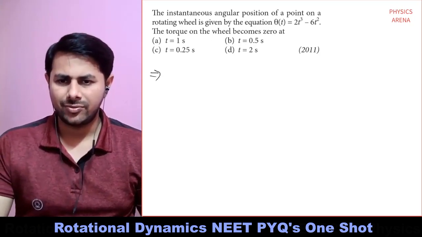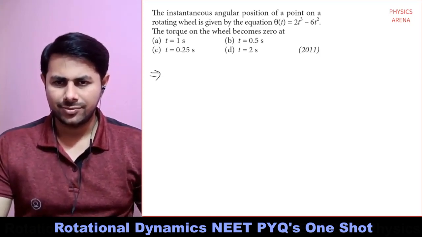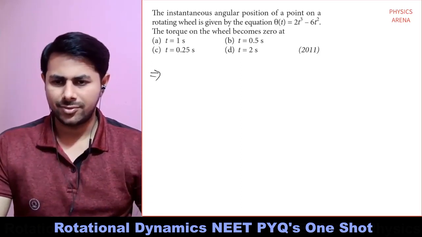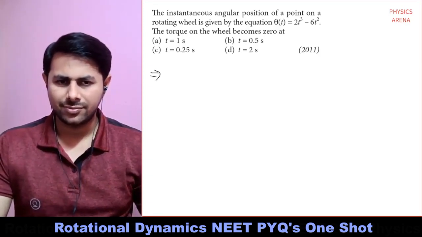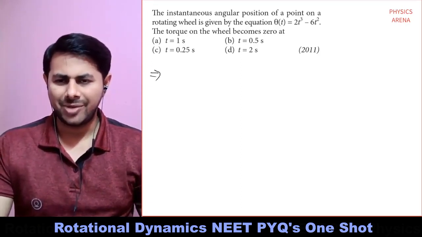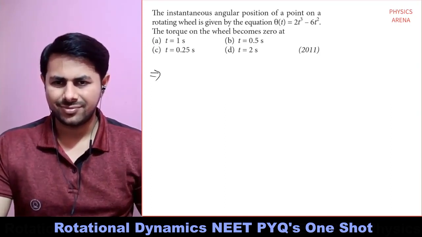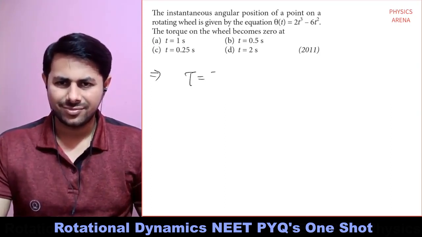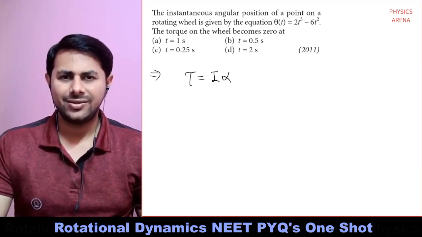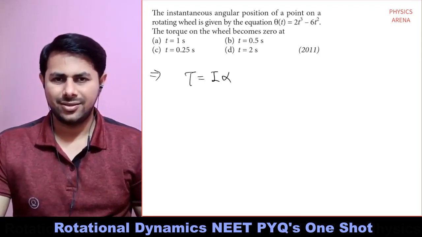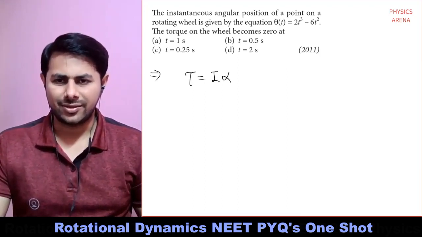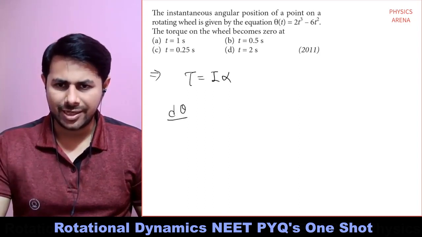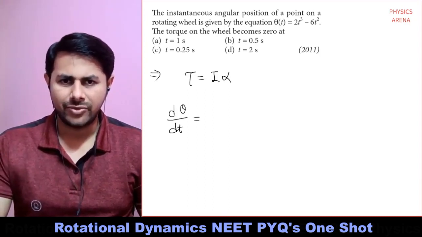So tell me, what should we do? Tau equals I multiplied by alpha, right? So we are given theta. So if we take d theta by dt, what do we get?